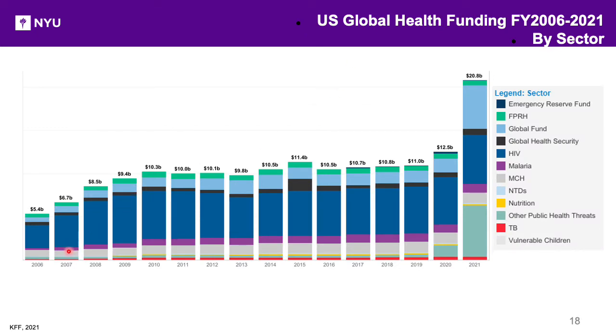This is the global health expenditure by the U.S. government from the years 2006 to what is requested for 2021. So we can look and see that global health expenditure has actually been increasing for the U.S. government, starting with 5.4 billion in 2006, and has steadily increased to around 11.4 billion in 2015, decreased to 10.5 billion in 2016, and has relatively stayed around the 10.5 billion mark until about 2019, where it increased to 11 billion.